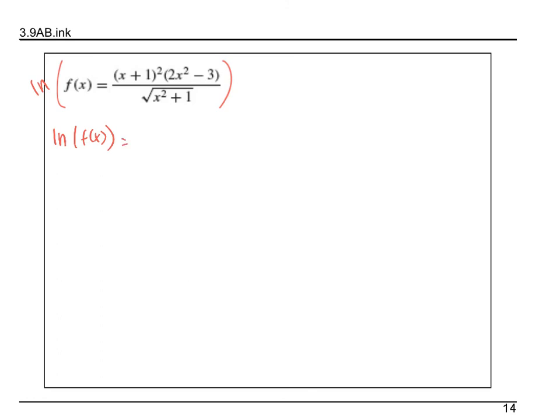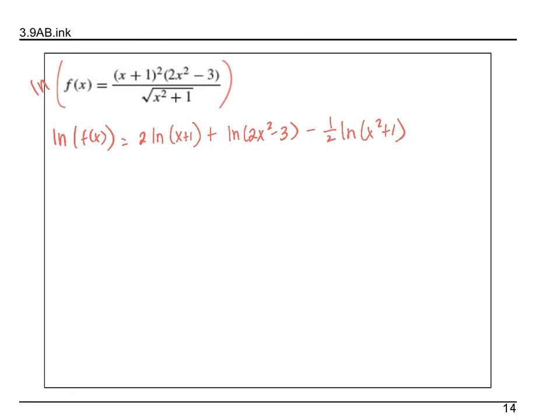The right-hand side, this is why I had you warm up the way you did with the do now, we now expand, right? Multiplication goes to addition, exponents go to coefficients, and division goes to subtraction. So we have 2 ln of x plus 1 plus ln of 2x squared minus 3 minus 1/2 ln of x squared plus 1.